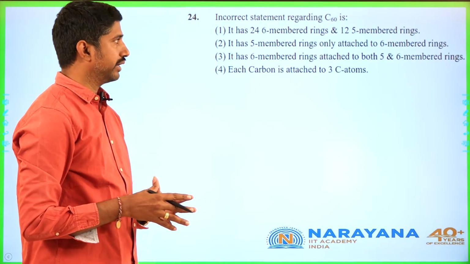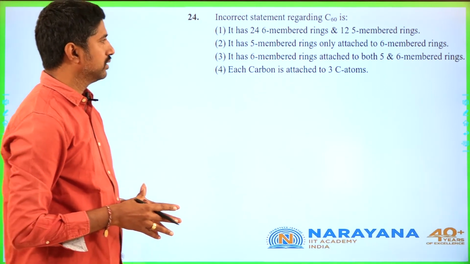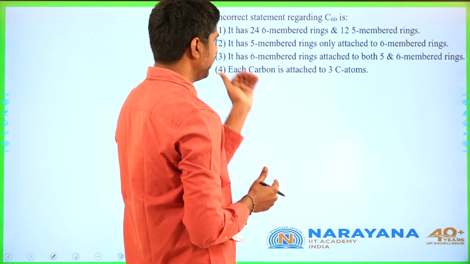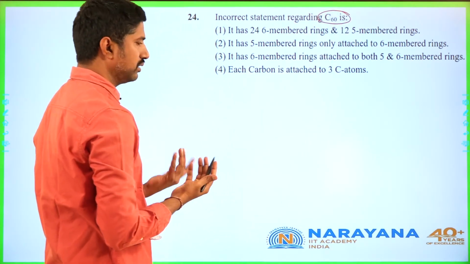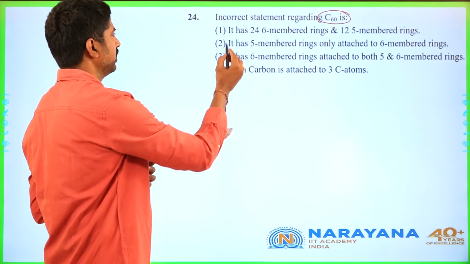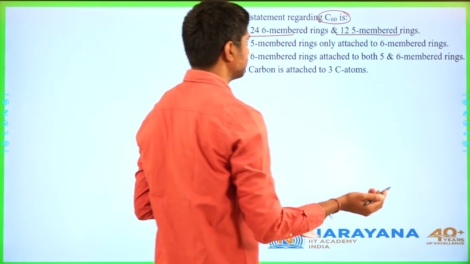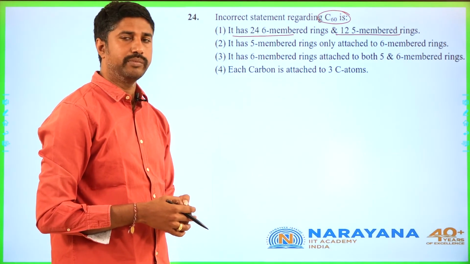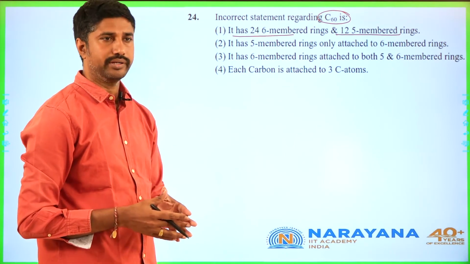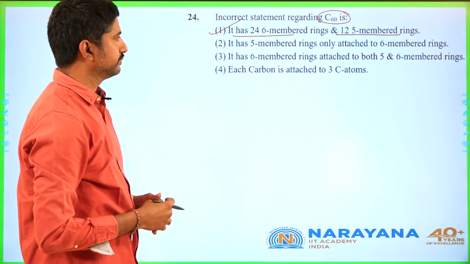Incorrect statements regarding C60 fullerenes. As we know, it is very simple. If you consider the first statement, what they give is 24 6-membered rings and 12 5-membered rings. That is wrong, because we know that it contains 24 6-membered rings... actually 12 5-membered rings and 20 6-membered rings is the standard, but as stated in the lecture, the first statement is the wrong one that we can directly pick out.